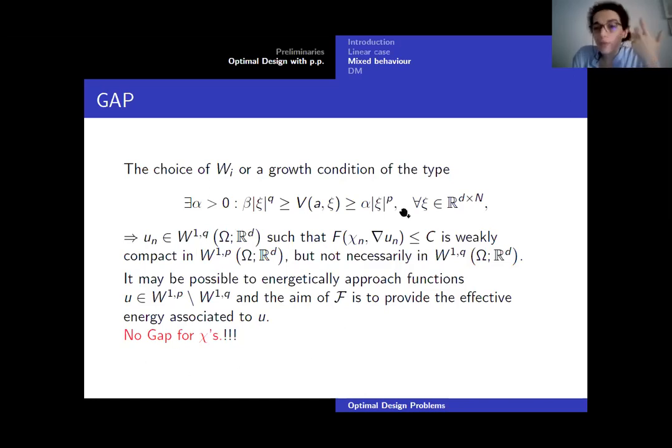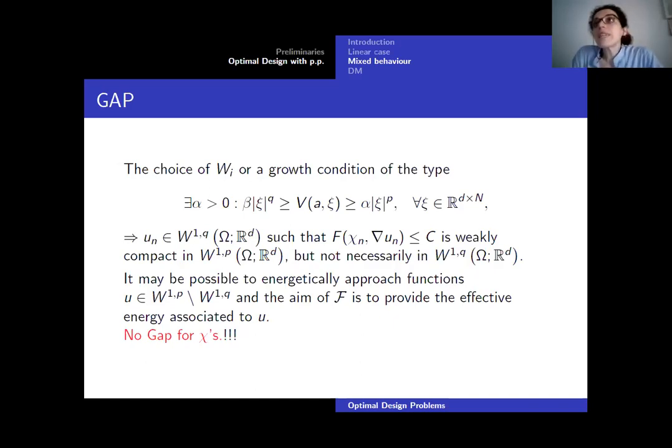What is the difficulty? The difficulty is the following: if I start with an energy F(chi_n, gradient of u_n) which is uniformly bounded, of course I start with sequences u_n which are in W^{1,q}, but up to a subsequence, they just converge in W^{1,p}.